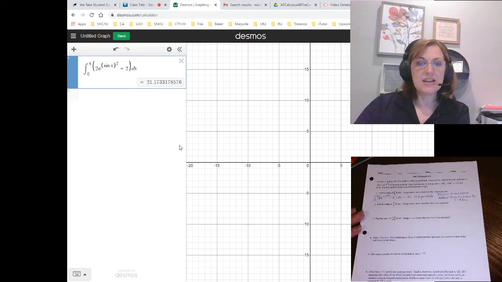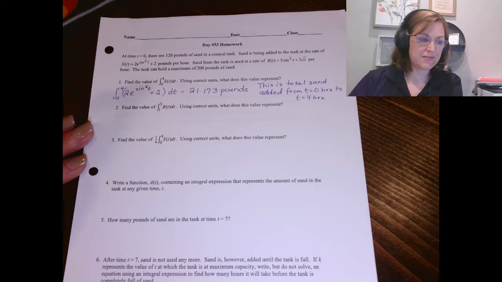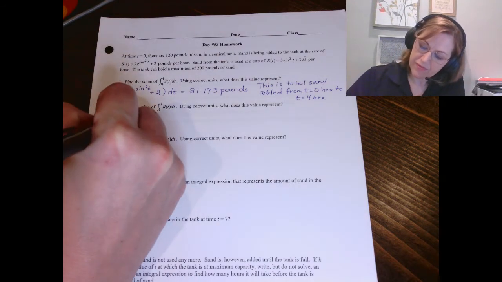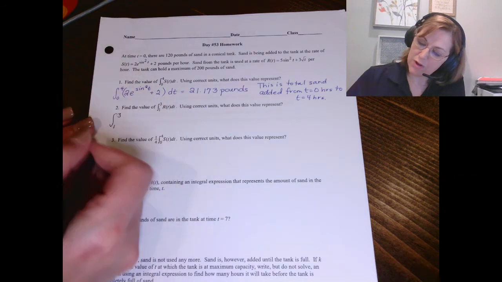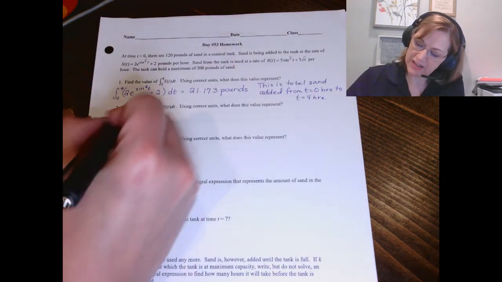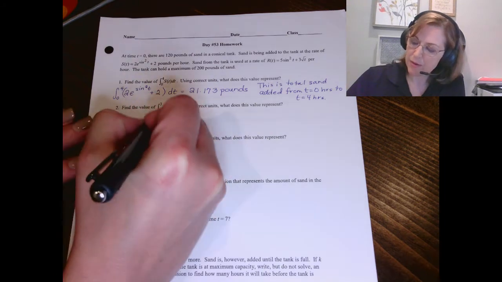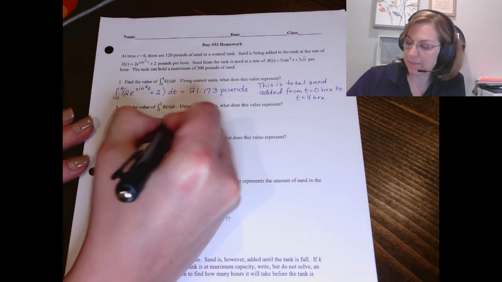Okay, now look at the next one. We're being asked to find the integral of R of t. So we're going from 1 to 3 of R of t, which is 5 sine squared of t plus 3 square root of t.